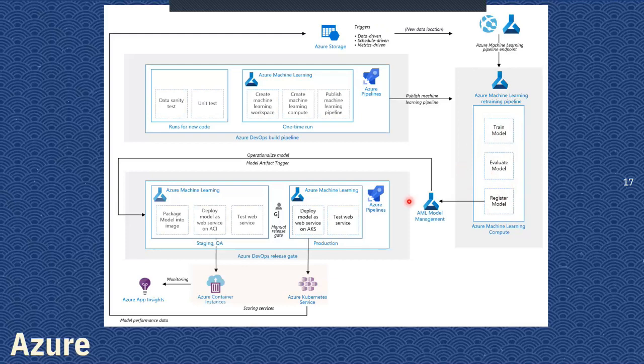Now you come in here, Azure Machine Learning, you package the model into an image. Packaging a model into an image is just a term. Maybe one of your processes is that you want to pickle your model.